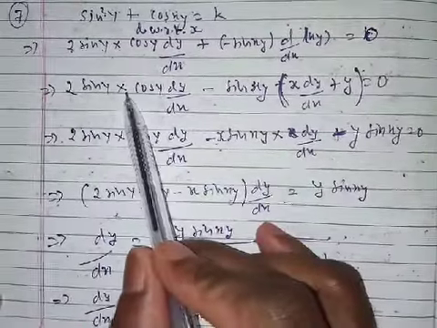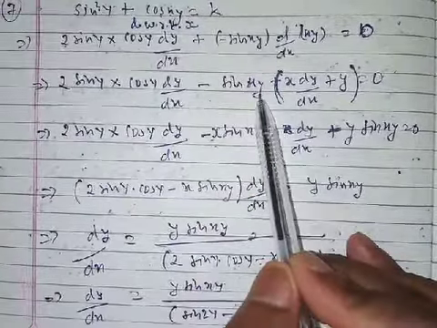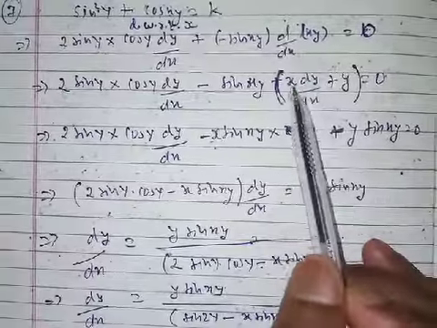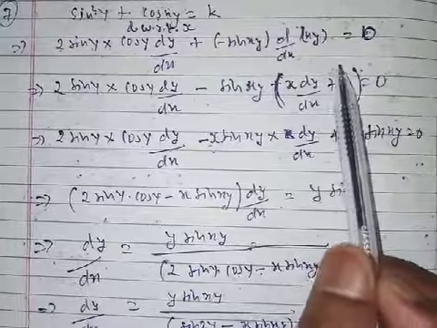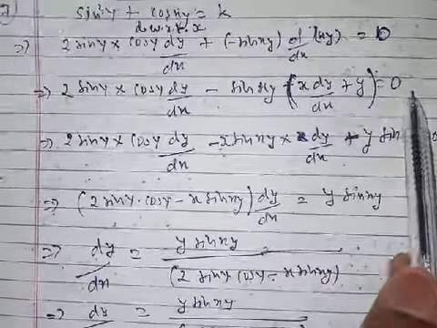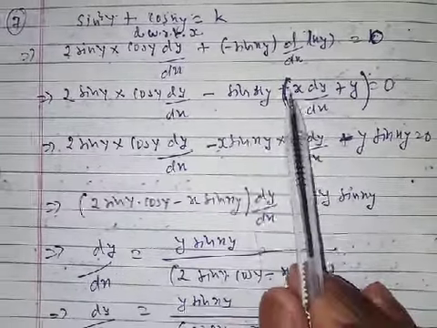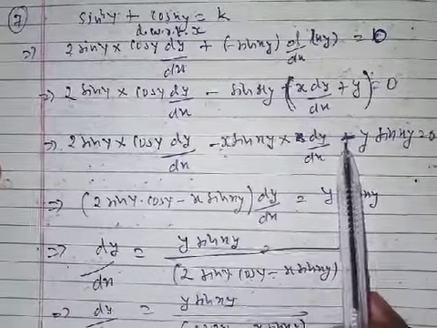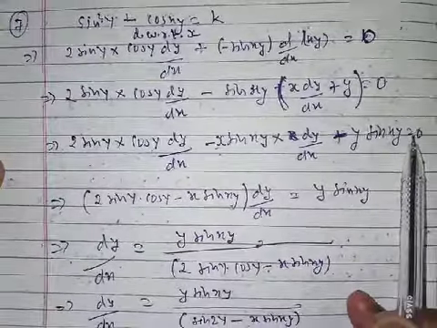So 2 sin y into cos y dy by dx, plus minus sine xy. Now x into y: x is a constant, derivative of y is dy by dx, and y is a constant and the derivative of x is 1, so plus y is equal to 0. That's it. Multiply inside, so what you will get is minus x sine xy dy by dx minus y sine xy is equal to 0.